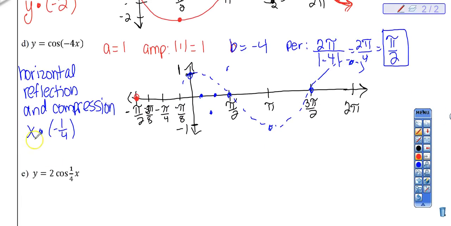What you can do is take your x coordinates like I've written here and multiply them times negative 1/4. So 2 pi times negative 1/4 is negative pi over 2. So the point that was at 2 pi should be here, by the way, not here.